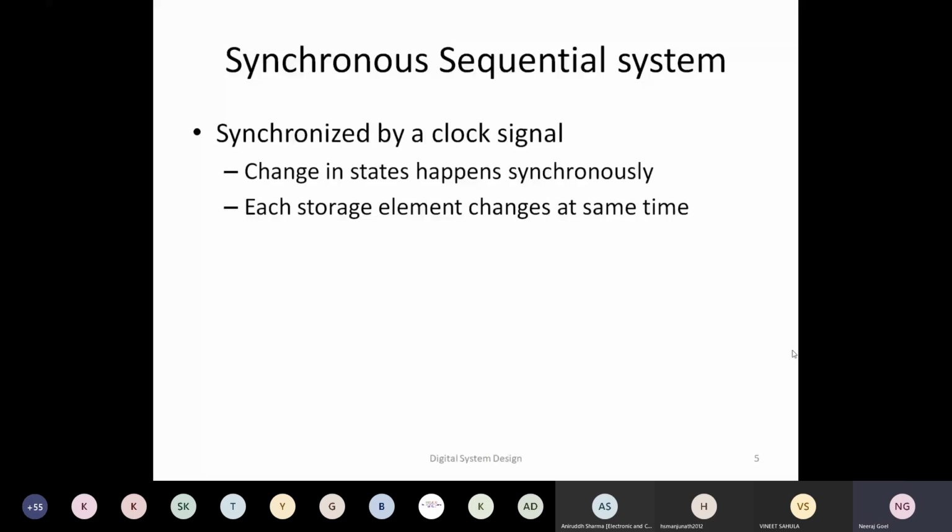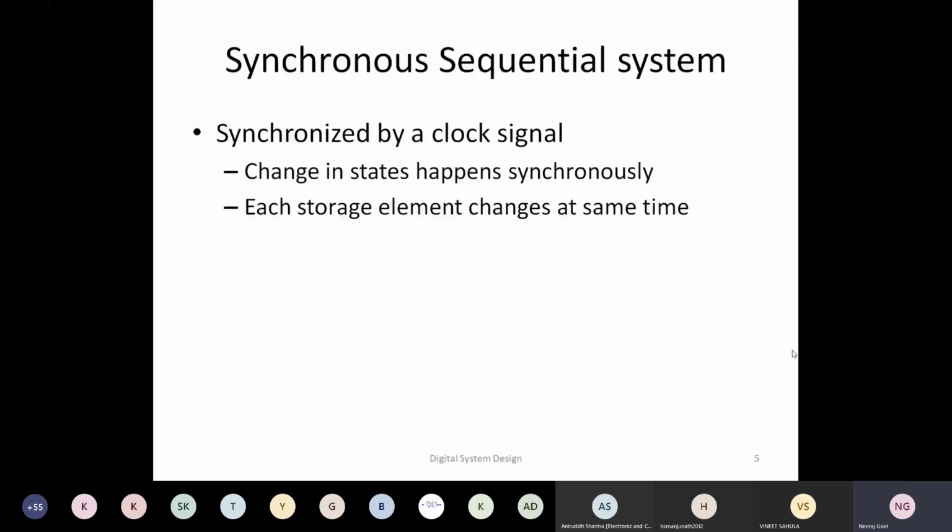Synchronous means that they're all synchronized with one particular signal, and that signal to which they are synchronized is called the clock. You can call it anything, but it is called the clock, because it represents time.